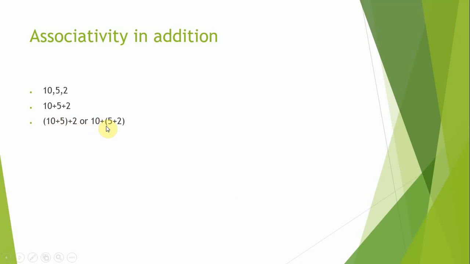Or we can add 5 and 2 first, followed by adding the whole thing with 10. So this gives us 15 plus 2 or 10 plus 7. Notice that the values are both the same.